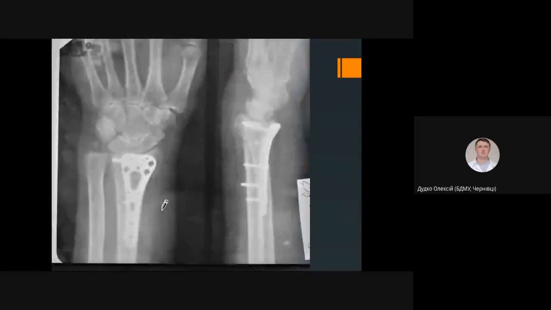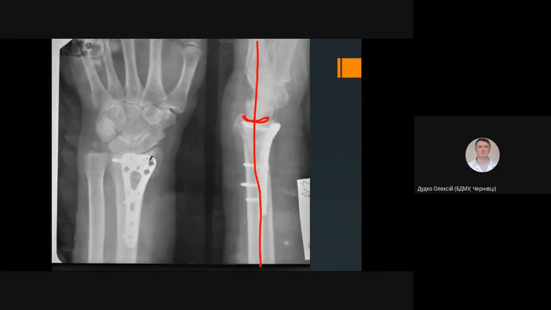This is another X-ray, and we also see the wrist joint, that is our AP view, and that is lateral view. Here we can note that we have a nice reduction of articular surface. We can see that axis of extremity is good, and articular surface is restored as well on the lateral view.